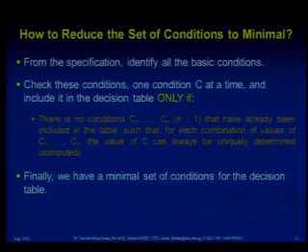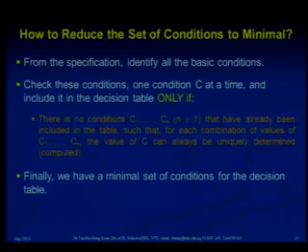So if you want the conditions in your decision table to be reduced to the minimum, then you can no longer simply include all of them in the table. You will have to include them one by one. Firstly, we extract out all the basic input conditions from the specification and write them down somewhere.